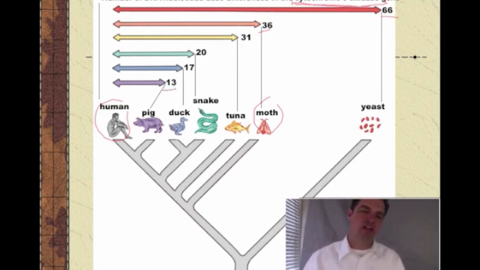So if you look at the structure of the DNA, and there are a lot of organisms they didn't put on this chart, which is okay, they just put certain ones, it turns out that the DNA differences and similarities very closely match what you find in the homology of the bones.